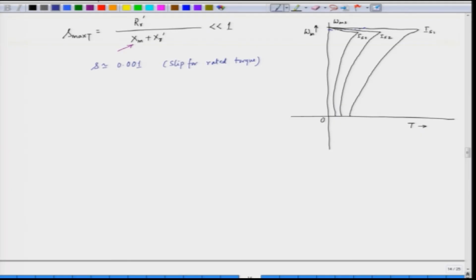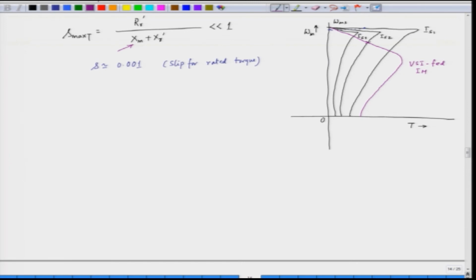So, it is not advisable to operate it here, and if we plot the corresponding VSI fed induction motor, the rated slip is much higher than that.